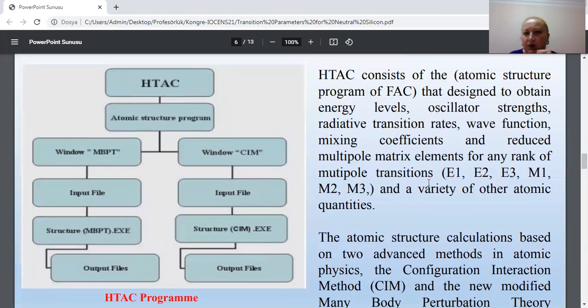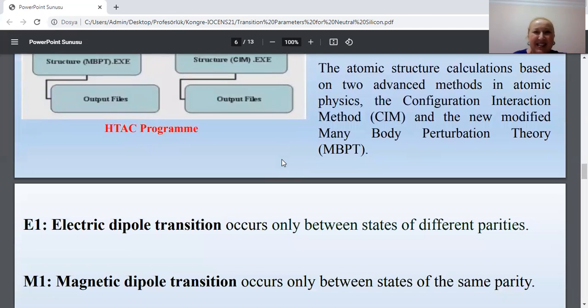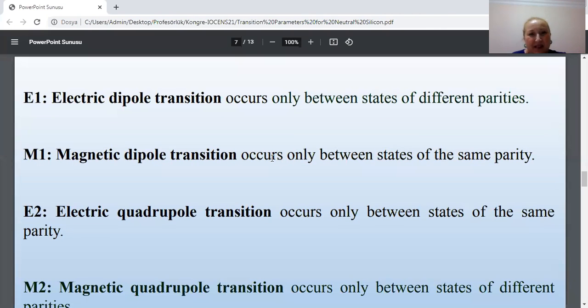You can see the transitions E1, E2, E3, which are multipole transitions: electric dipole, magnetic dipole, and also electric quadrupole, magnetic quadrupole. With this program, we can solve these transitions and find the parameters.